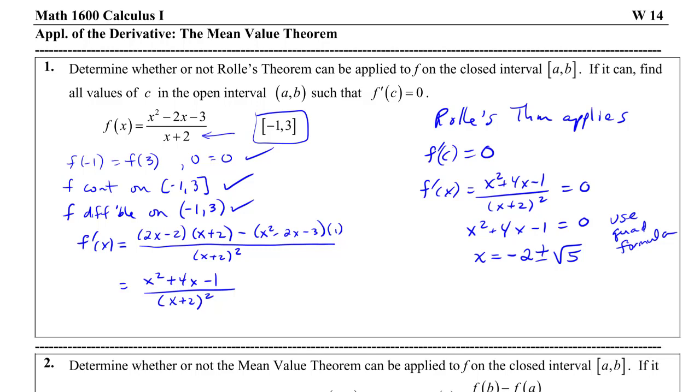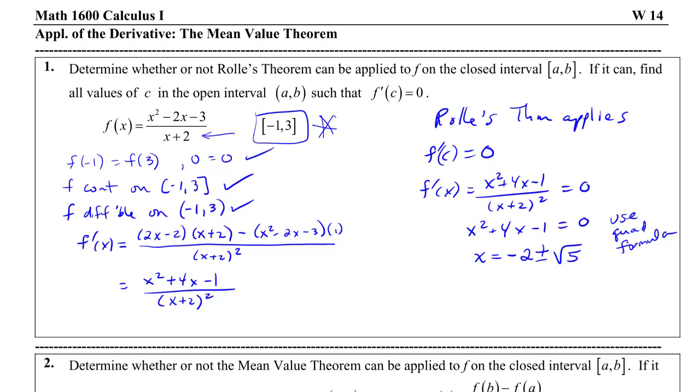The interval is -1 to 3. So the square root of 5 is a little bigger than 2, obviously, because it's bigger than the square root of 4. So if I took -2 plus the square root of 5, I'm going to get something between 0 and 1. That's good.